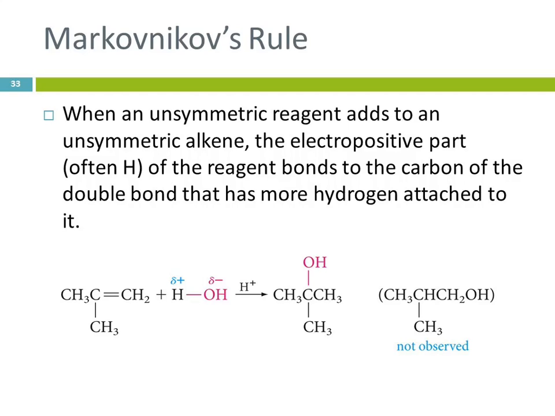Markovnikov observed a pattern in how these unsymmetric reagents add to unsymmetric alkenes. One way to state it is that the electropositive part, which is often the hydrogen of the reagent, bonds to the carbon of the double bond that has more hydrogen attached to it. So that's kind of hard to remember.